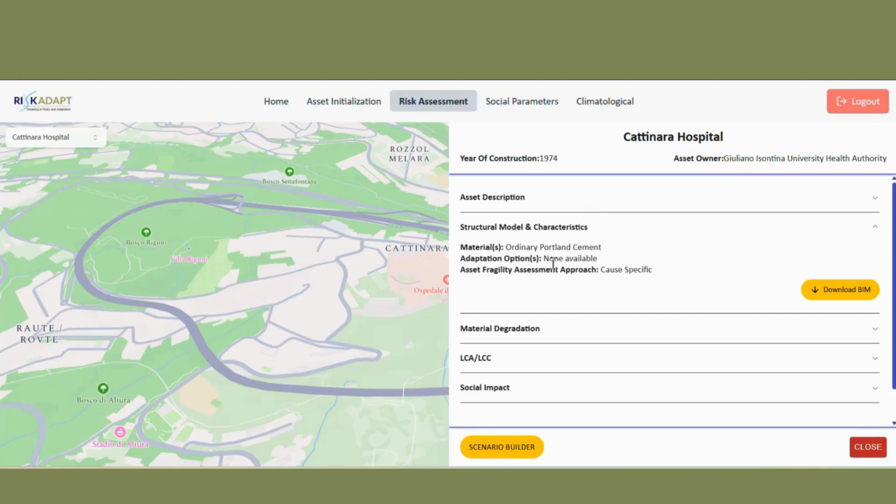The adaptation options, as I will show later on, based on the material degradation results, were not necessary, because we found that the concrete has not been affected as of today by climate change.